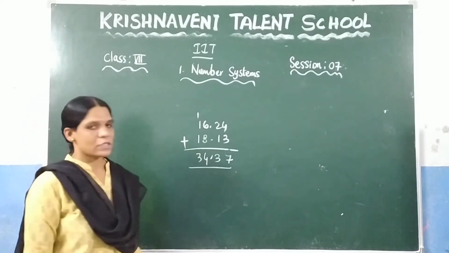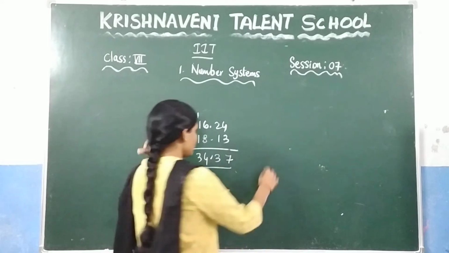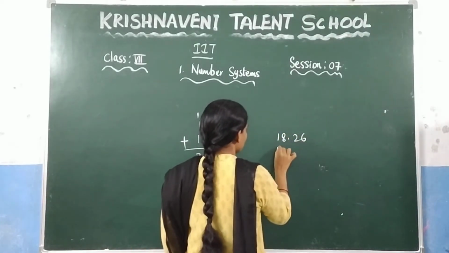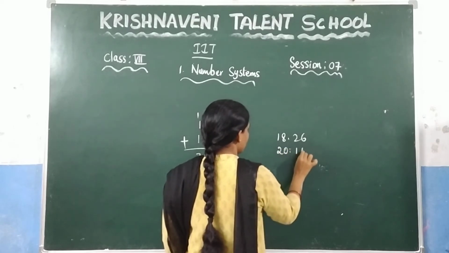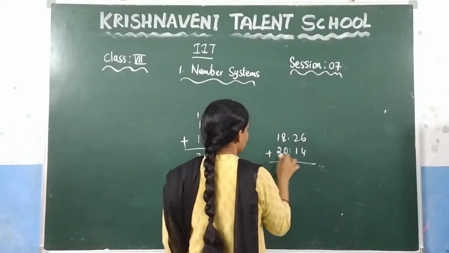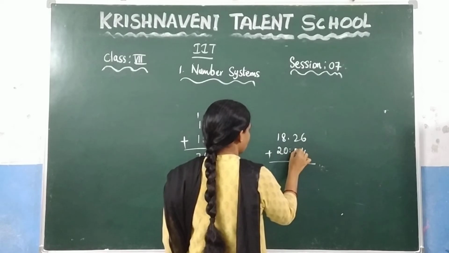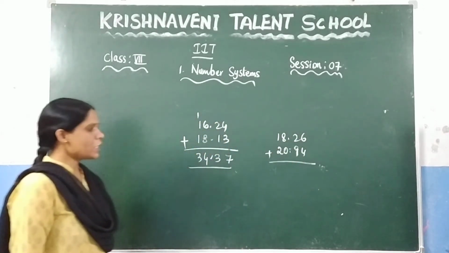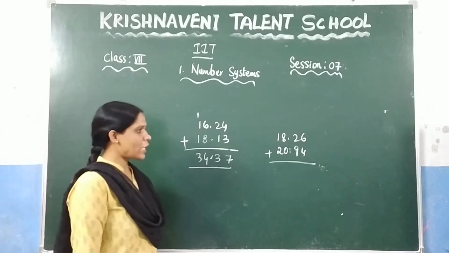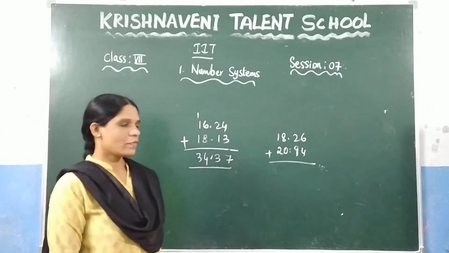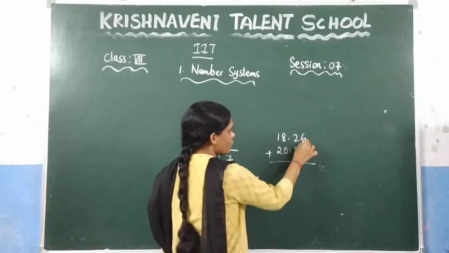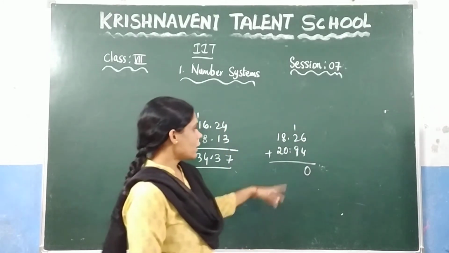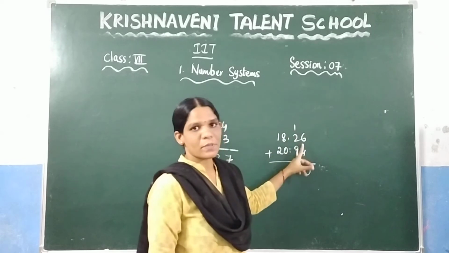And suppose let us consider adding 18.26 and 20.94. How to add? First add 6 plus 4, which gives you 10, write 0 and carry 1. Then 9 plus 1 is 10, 10 plus 2 is 12.